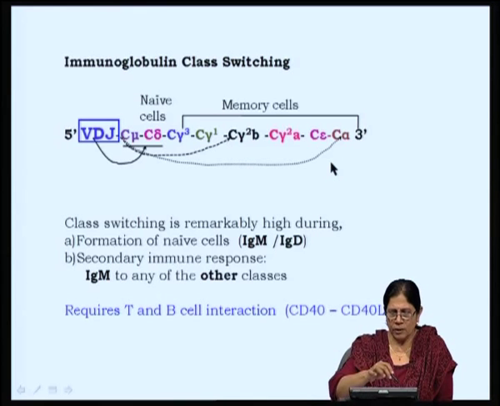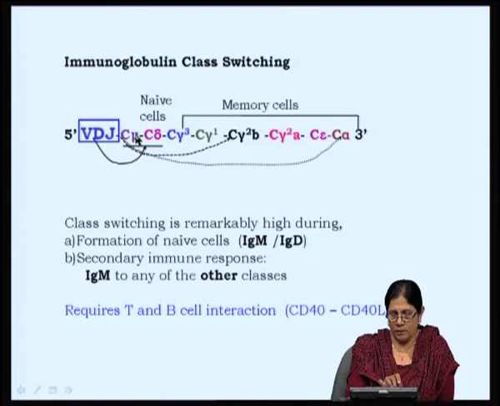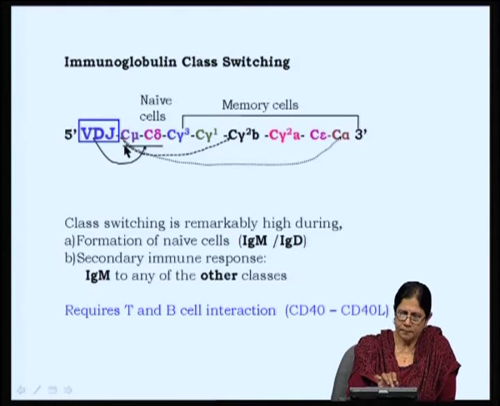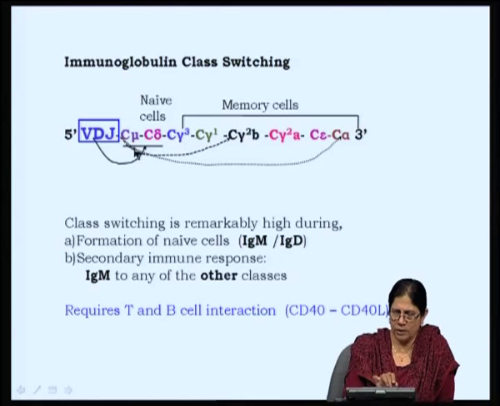Now, when we come to immunoglobulin class switching, between the IgM heavy chain, which is called C mu, and C delta, because these always are co-expressed on naive cells, you can see that these can class switch from mu delta to any one of the isotypes.